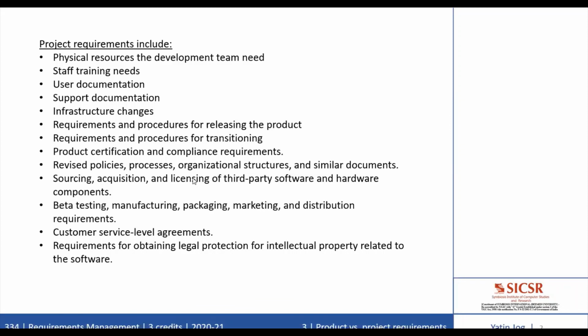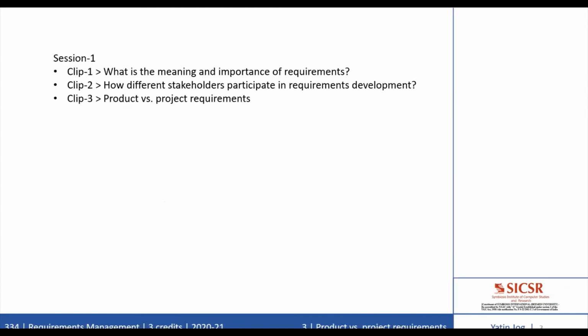So all these things come under project requirements. This is the basic difference between product and project requirements, what they mean, and who is responsible for them. That is the end of clip number 3, in which we have discussed product and project requirements.